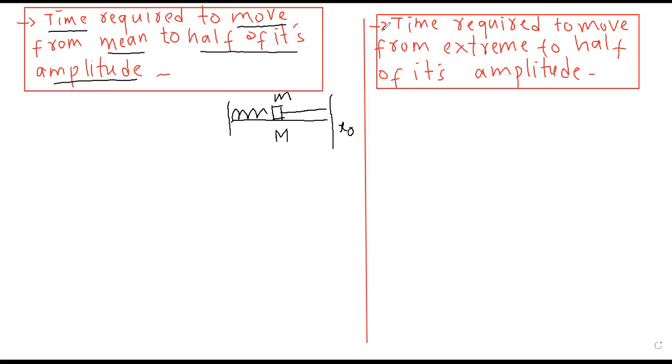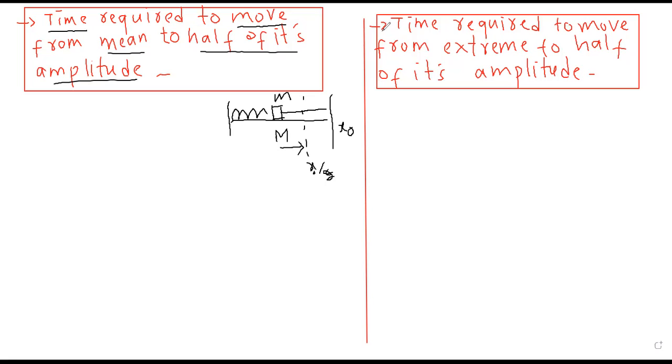So we have to calculate the time in which this mass covers a distance equal to half of its amplitude. Let's suppose that half of the amplitude comes here, so we have to count this x naught divided by 2. That is half of the amplitude, and we have to calculate the time from the mean position, not from the extreme position.